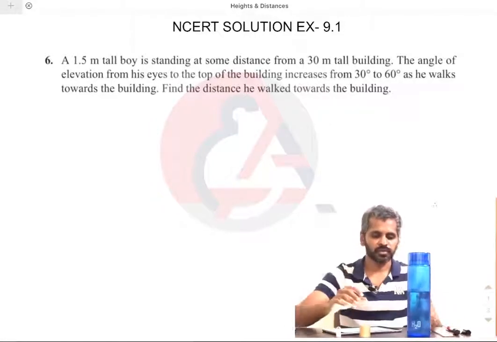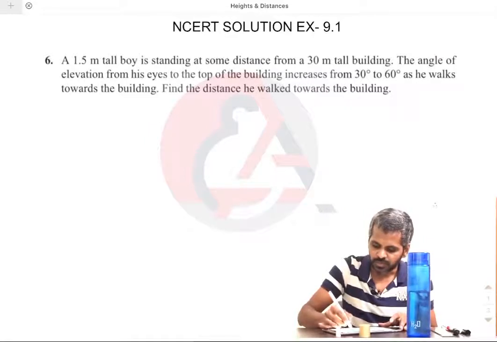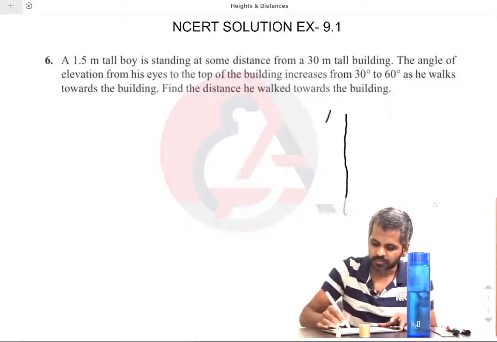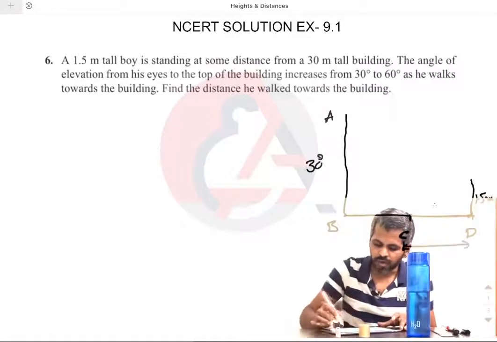So if we represent this situation on paper, how can we represent it? Suppose AB is a tall building. The height of the building is 30 meter and initially he is at position D, and the height of the boy is 1.5 meter. He walked towards the building and reached the point C. We want to find out how much distance he walked from the initial position.